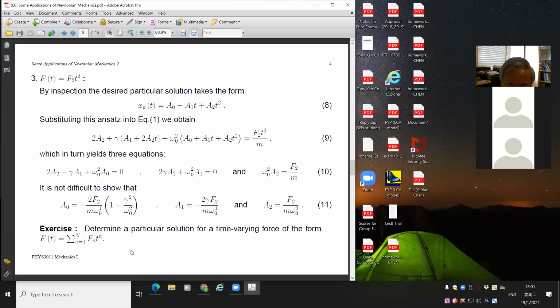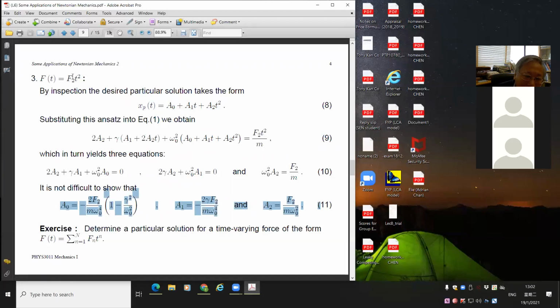Then these solutions can be stored, either in a computer file, or you write it down, right? So you store all these solutions. For t squared, you have this solution given in equation 8 and equation 11.